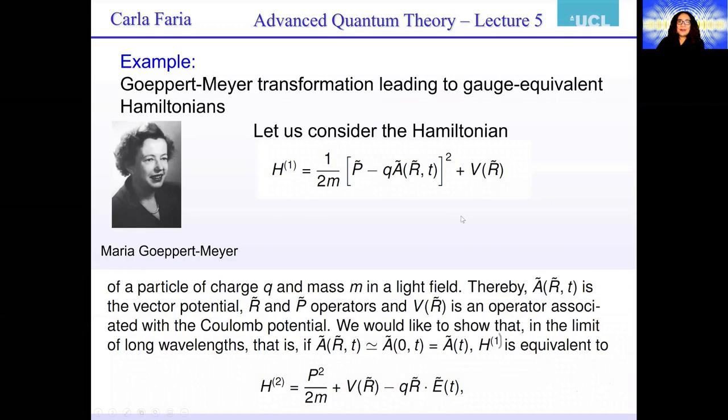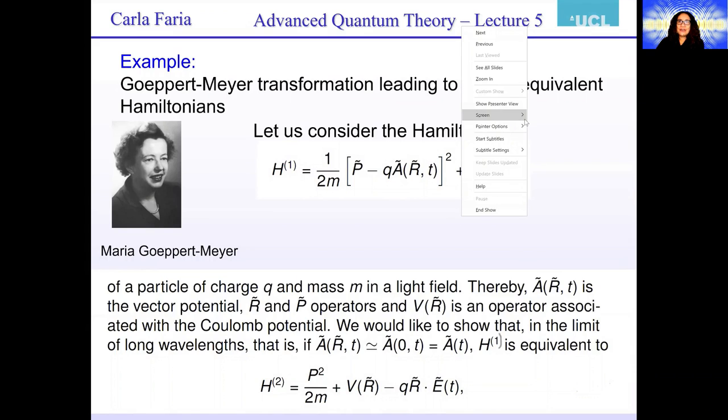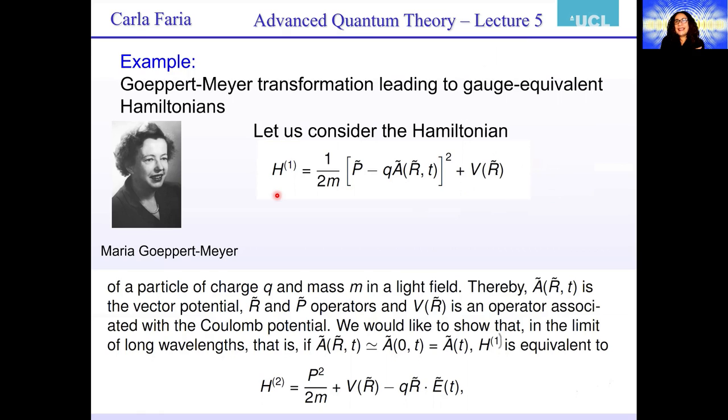To have a look at this transformation, we're going to start from this Hamiltonian. For someone who has never heard of it, this is the minimal coupling Hamiltonian of a particle of charge Q, mass m, in a light field.